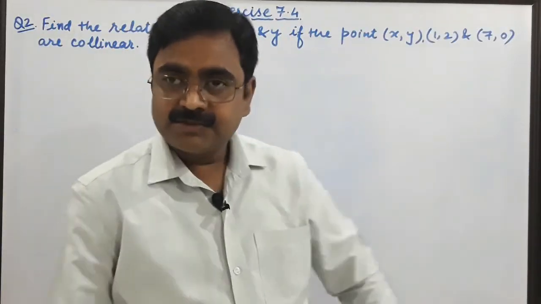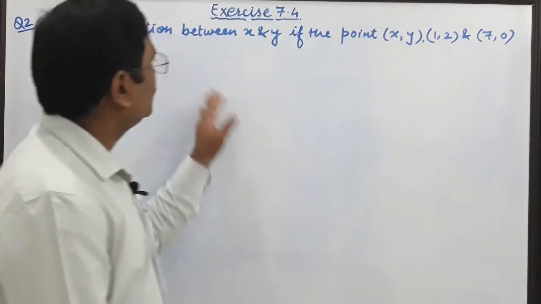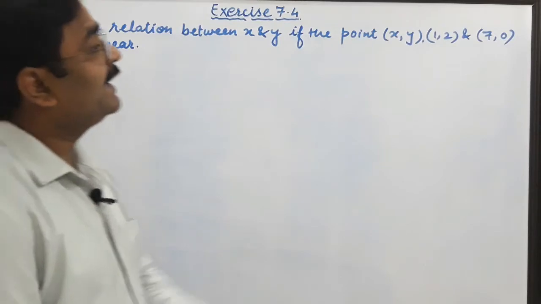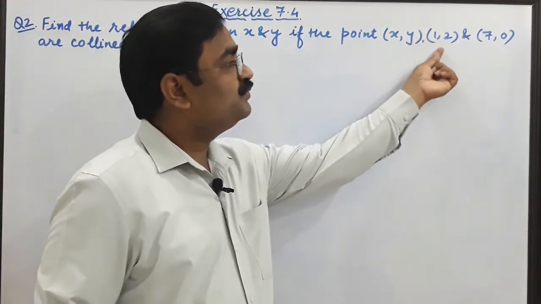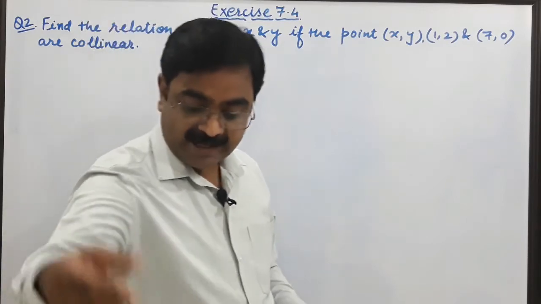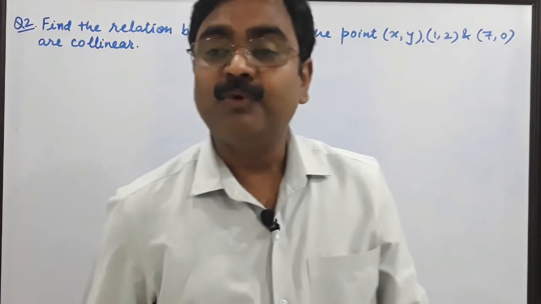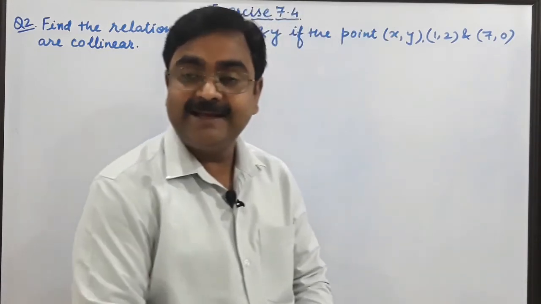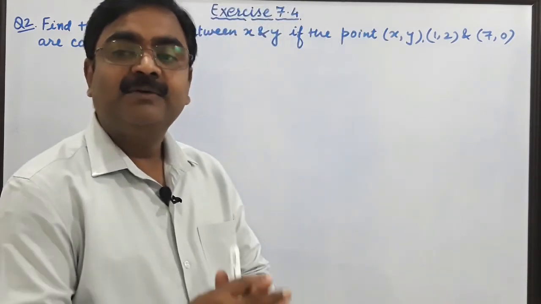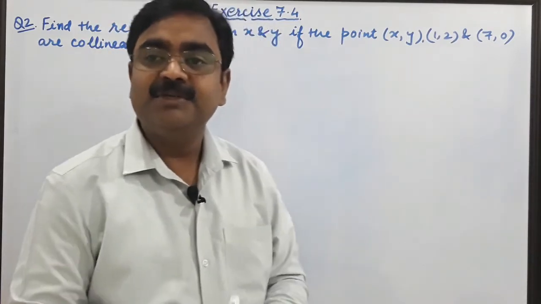Okay friends, so let us see question number 2. What is given in this? Find the relation between x and y if the points (x, y), (1, 2) and (7, 0) are collinear. So dear friends, as we know that the points are collinear, it means that the area formed by the triangle with these coordinates will be 0.